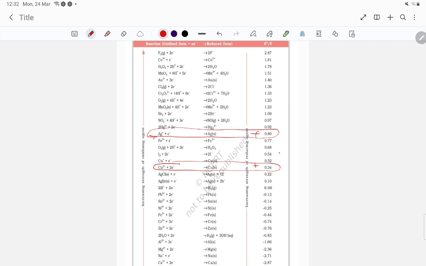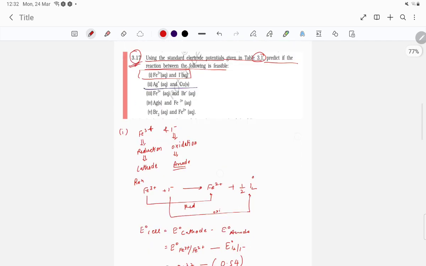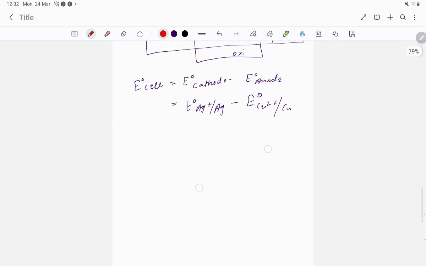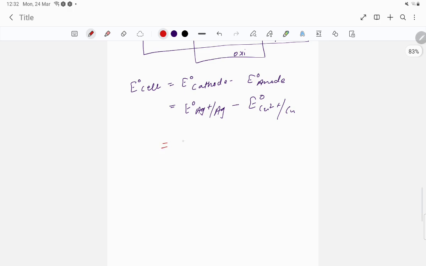Now put the values in the equation. The Ag value is 0.80 minus 0.34. So what is the value? You are going to get 0.46 volt.